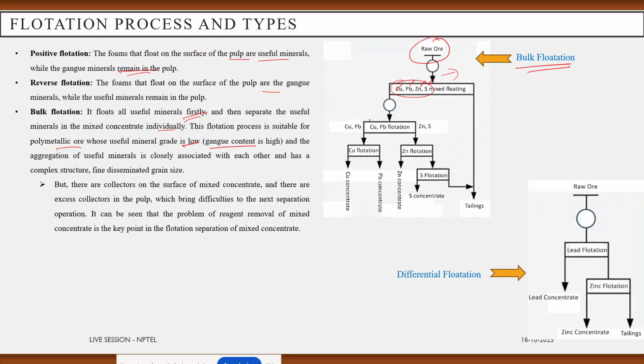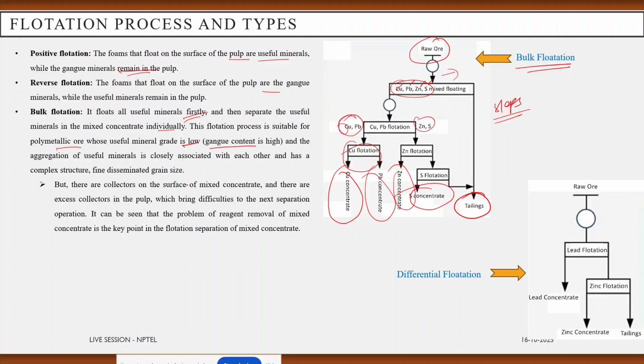Then in the successive process, we separate copper and lead from the ZnS. From the copper and lead, we separate copper. So at the end, we get copper, lead and zinc concentrates separately. But it takes different steps to separate out all the required minerals, and from each step we create some tailings. So this is the bulk flotation process.